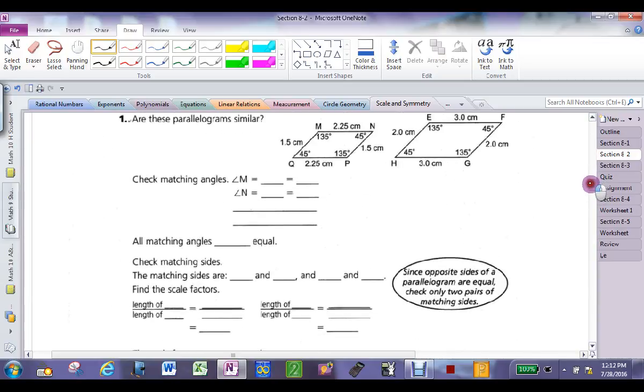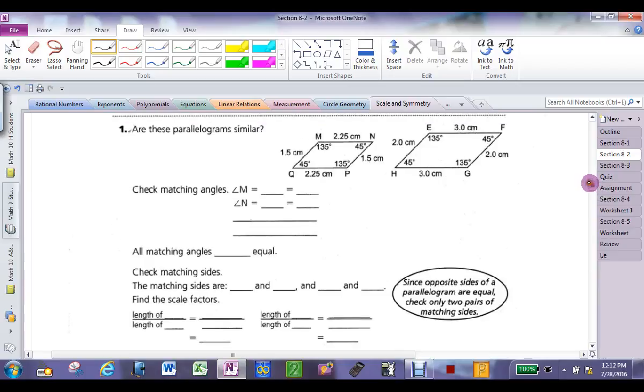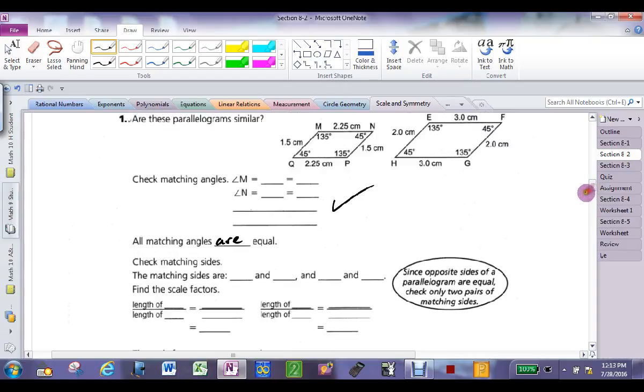Check all this. Are the angles the same? You don't need to fill it in. Just use your eyes. We're saving some time. Are the angles the same? Yep. So we're good. The matching angles are equal. Now let's check the sides. What compares to what?